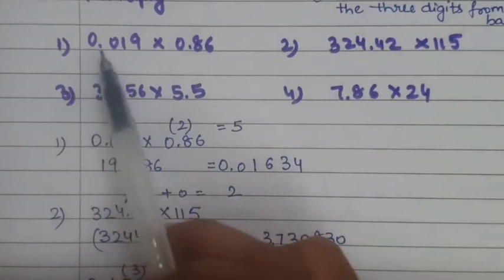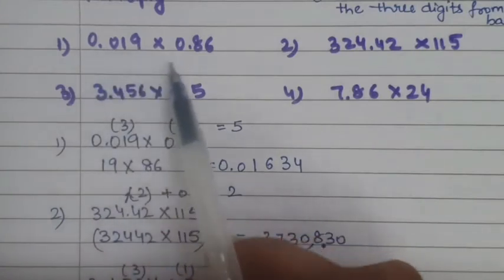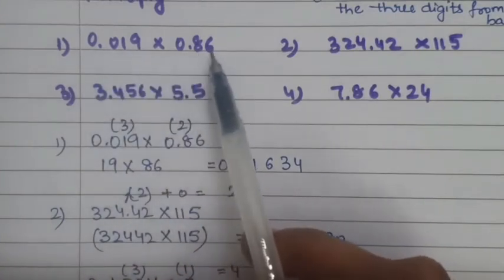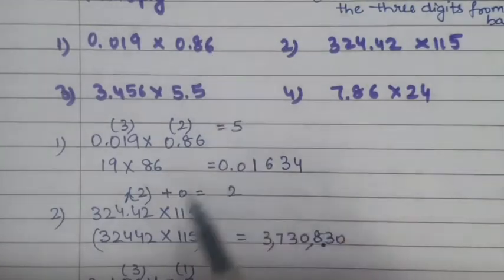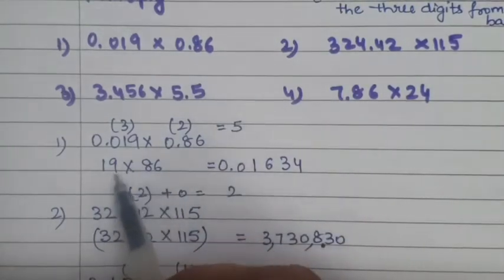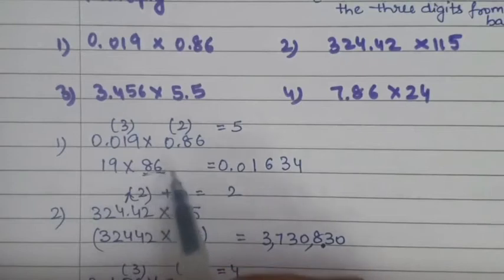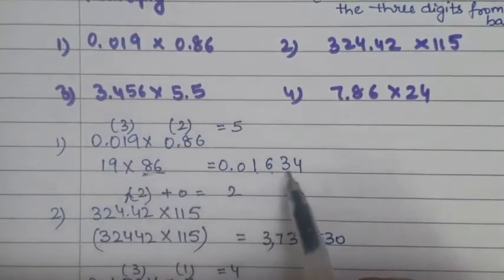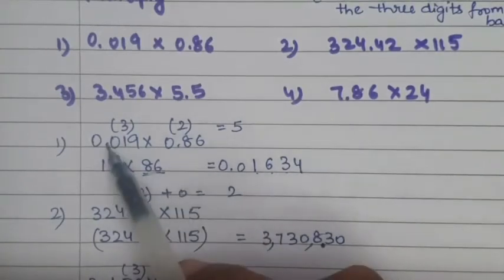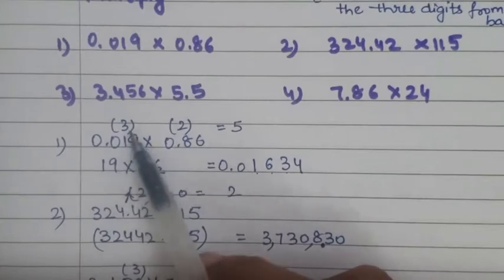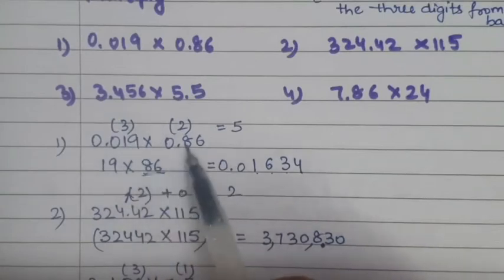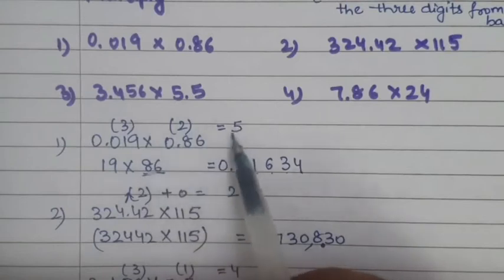Now let us discuss a few more examples based on multiplication. First is 0.019 into 0.86. Again same. Multiply first 19 by 86. We get 1634. Now after the decimal, there are 3 digits and 2 digits. So 3 plus 2 is 5.